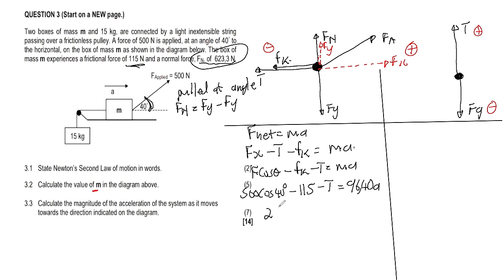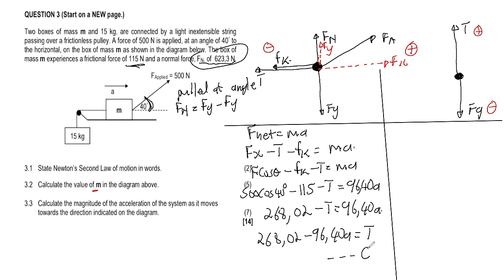So this will give us 268.02 minus T, and then that's 96.40 A, right? Then to make T the subject of the formula, 268.02 minus 96.40 A is equal to T. Then I will call this equation number 1.